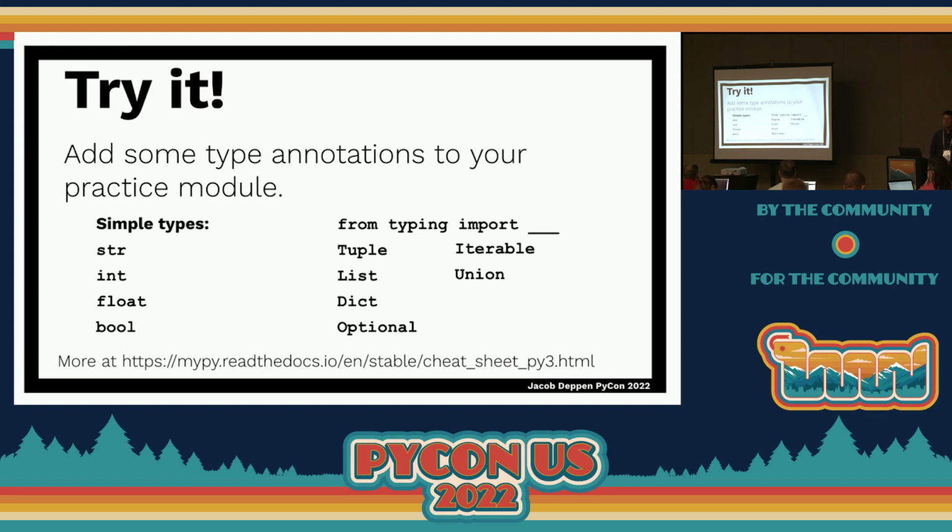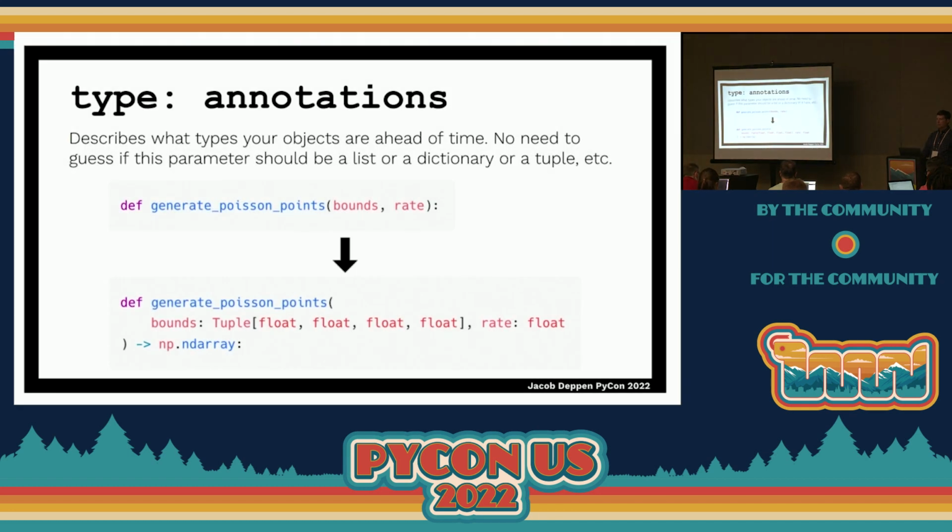Don't forget to try to add a return type with the arrow. This maybe is a little confusing because it's broken up over a couple lines, but the arrow to your return type goes before the colon at the end of the function signature.